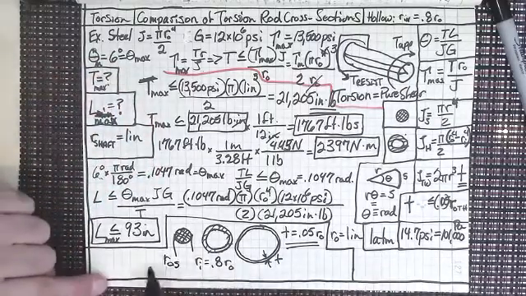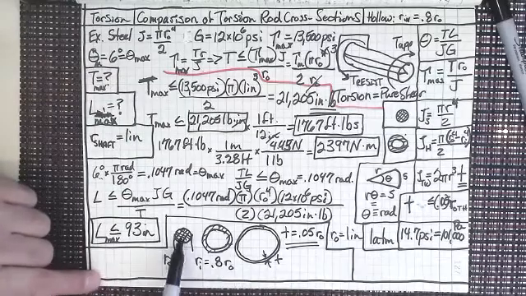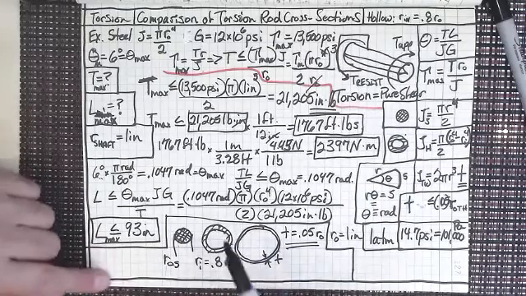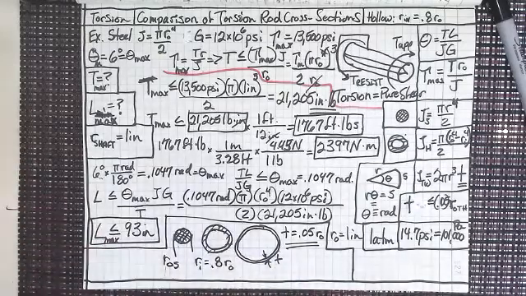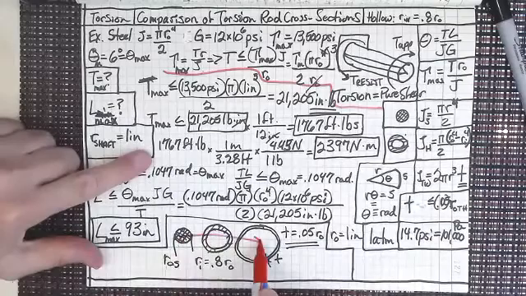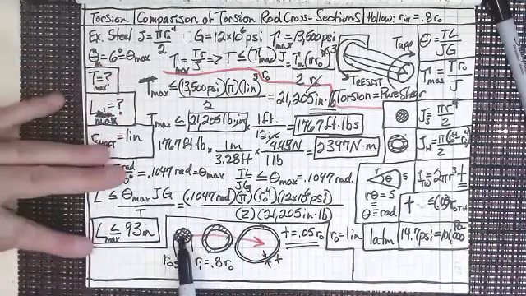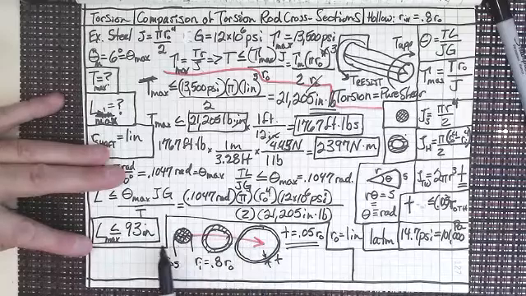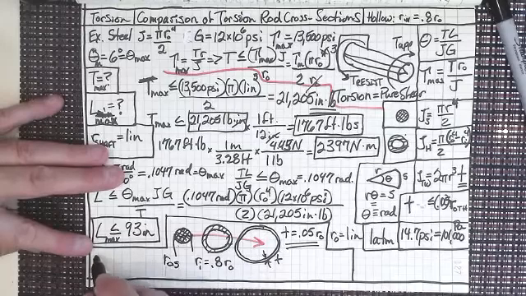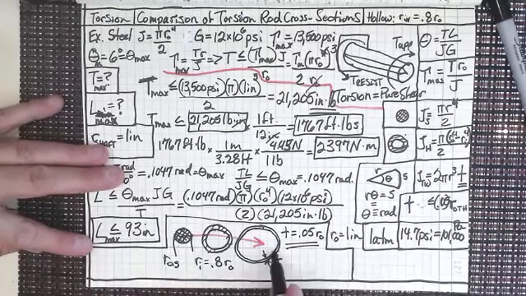Now here's the thing, in looking at all of those, am I saving cross-sectional area? If I kept going in this direction, am I going to save cross-sectional area? Am I going to be able to withstand the same amount of torque with less cross-sectional area? We're comparing these things, which are all made out of the same material. They're all resisting the same torque.